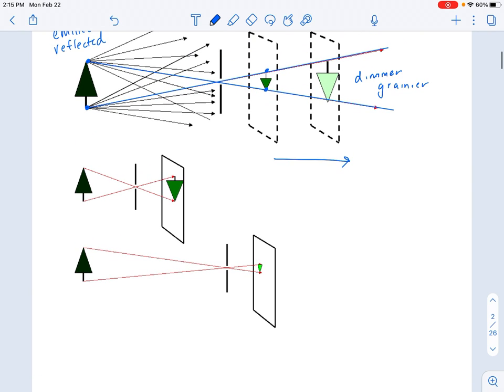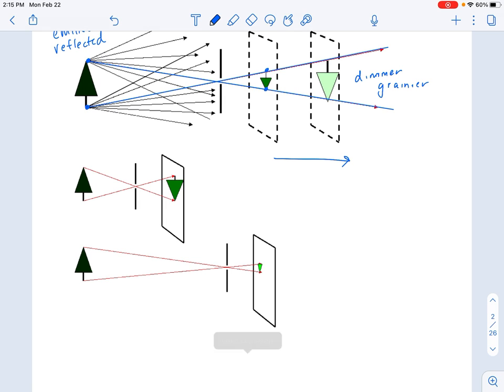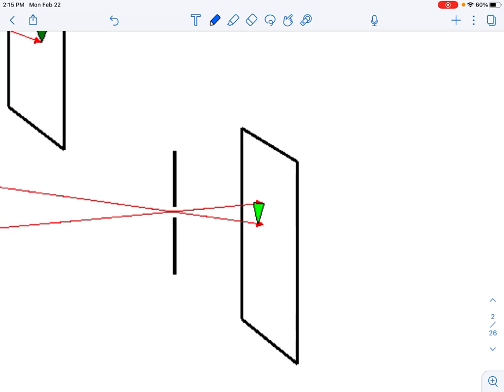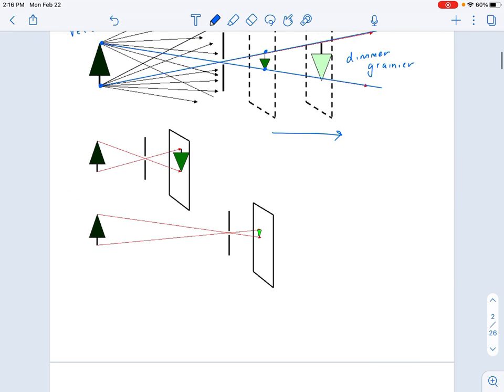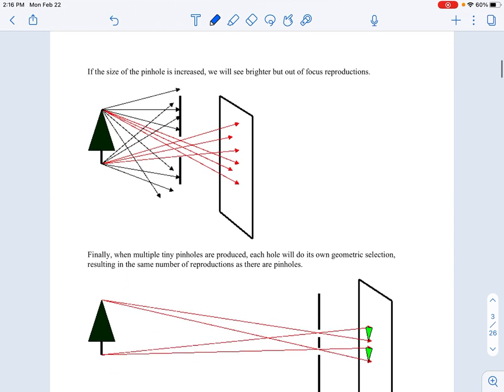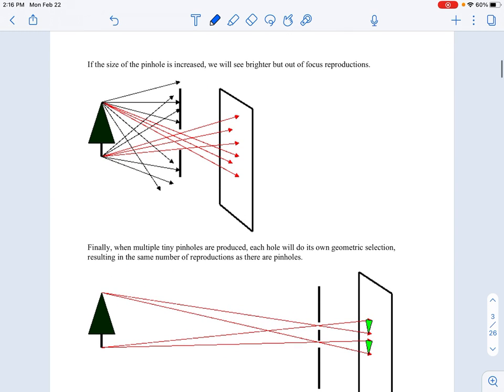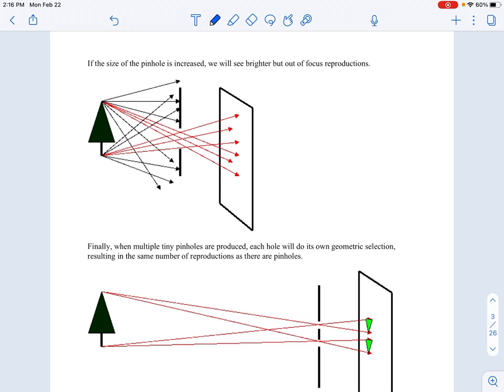And if we were to change the relative position of the screen and the camera, we can see what would happen. If we've got a screen that's relatively close and an object that's relatively far away, we get a very small image. If we increase the size of the pinhole, we see brighter but out of focus reproductions.